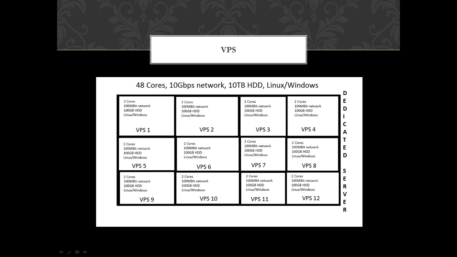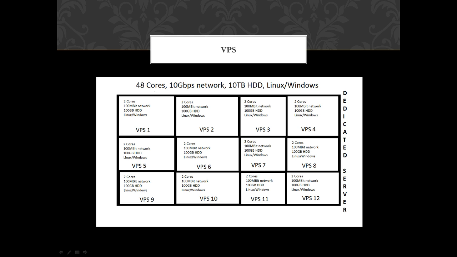Here is a random chart that I made up: 2 cores, 100 megabit network speed, 100 gigabyte hard drive, and I just cloned it everywhere. So these are 12 different machines within the same dedicated server, and they are using up only about 24 cores right now.